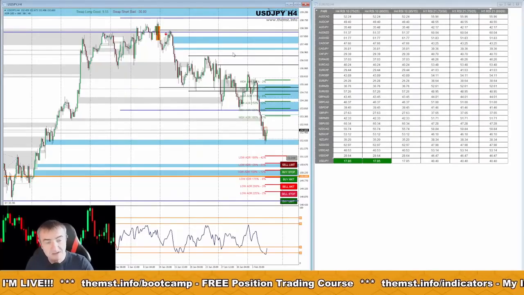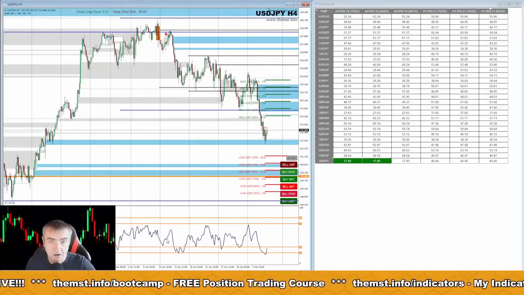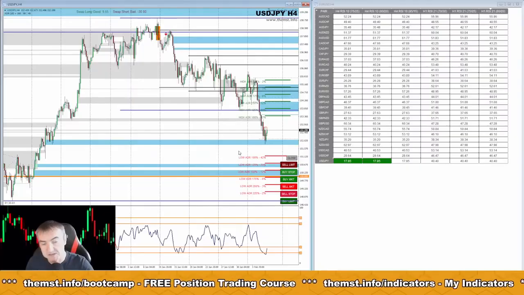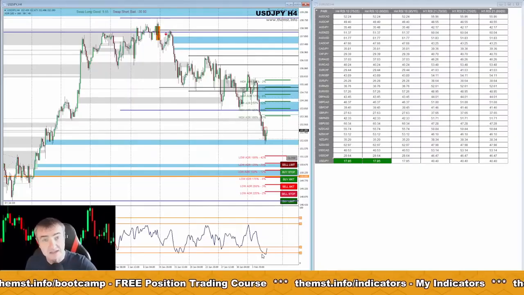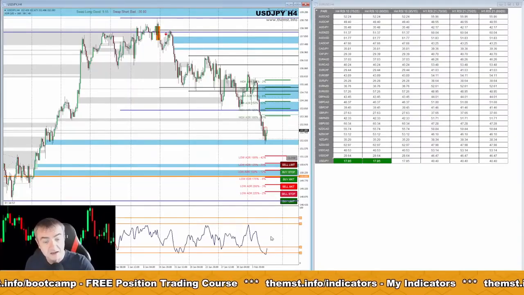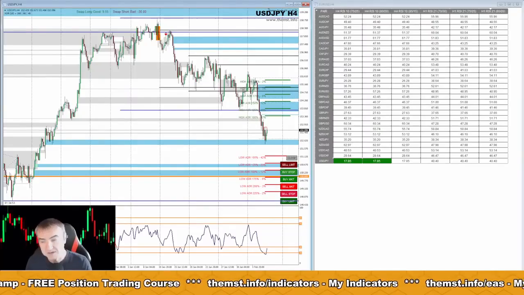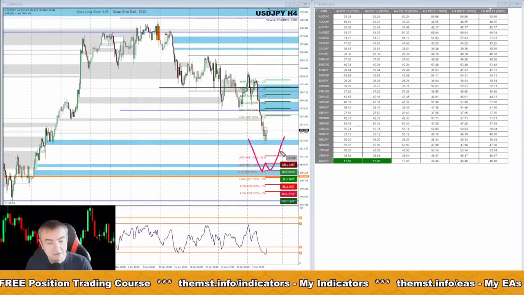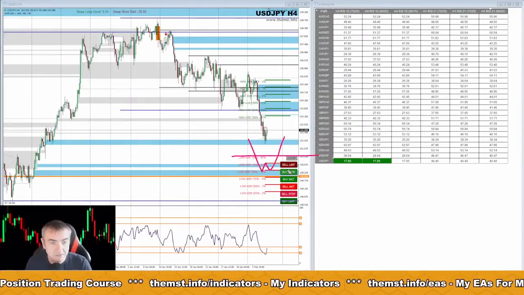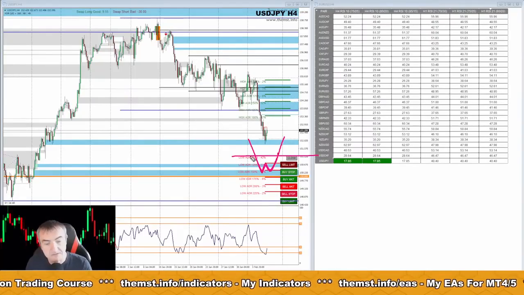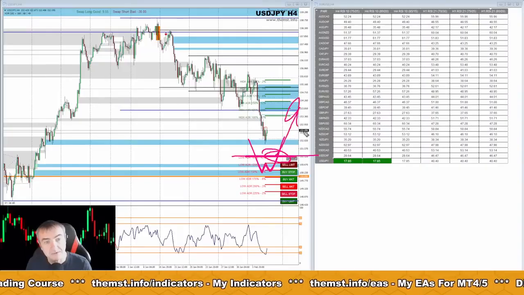And then I thought there must be an easy way to do this, which is where I moved over to RSI, because I identified that when we get to support resistance, if RSI is extended, you could just use that. So I went over to using RSI. And then I was like, well, I need a reason to get in. And I knew that market structure was obviously the way that the market moved. So I thought, well, I'll develop an indicator that shows me when market structure breaks happen.